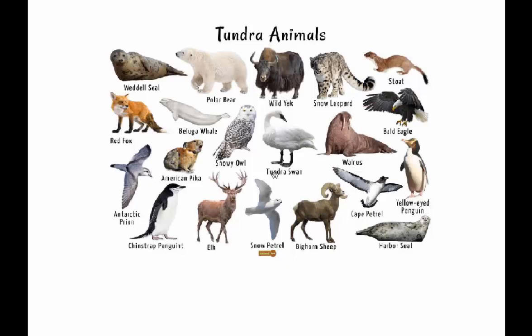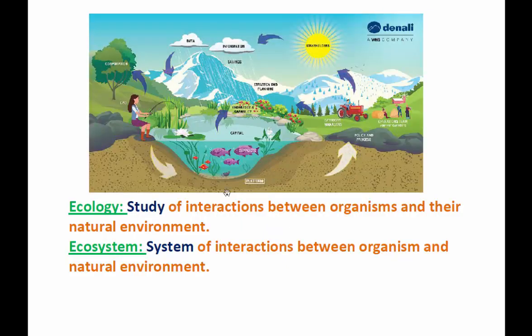Well, we have to include these two words, that is ecology and ecosystem. Ecology means the study of interaction between organisms and their natural environment. And ecosystem refers to a system of interaction between organisms and the natural environment.